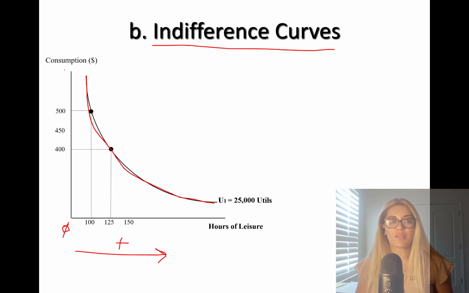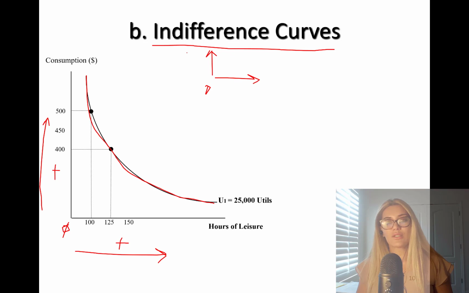Consumption is on the y-axis. As consumption goes up in terms of dollars, your utility, your happiness, is going to go up. So we put positive, positive. Whenever you have positive, positive, with the origin here, you know that as consumption increases, utility increases, and as leisure increases, utility increases.